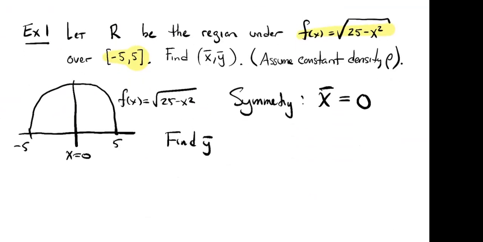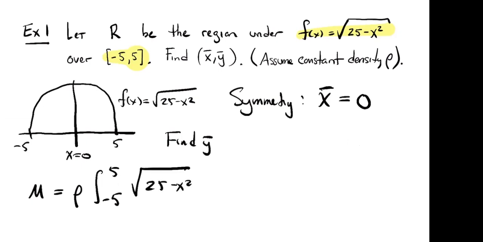Let's do m first. So m is rho times the integral from -5 to 5 of our function value. Stop the video and think about how you're going to do that integral. Trig sub maybe is what came to mind. x equals 5 sine theta. It'll work.